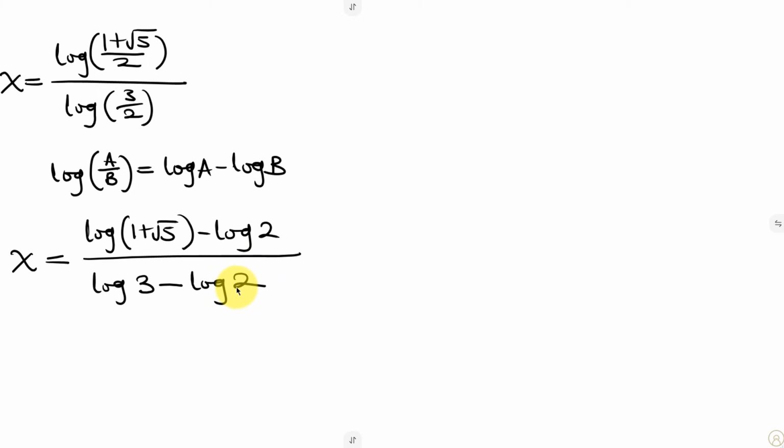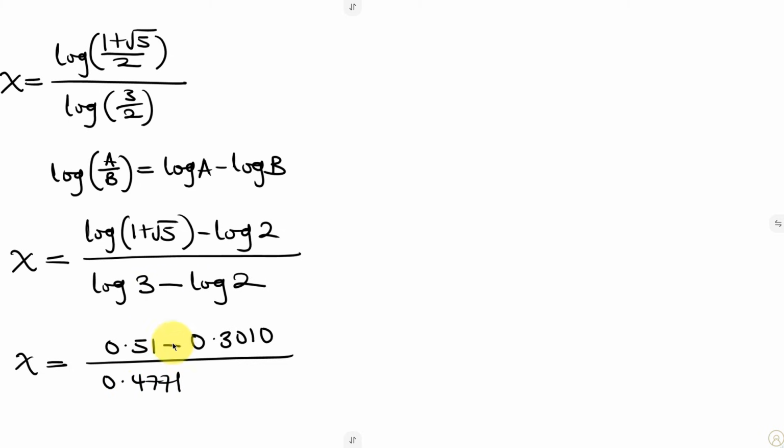Very good. Now I don't want to stop here. We're going to be writing the approximate value of what we've just got. So this becomes x equal to log of 1 plus the square root of 5 is 0.51 approximately, minus the log of 2 is approximately 0.3010, all over the log of 3 is 0.4771 approximately, minus log of 2, which is 0.3010.